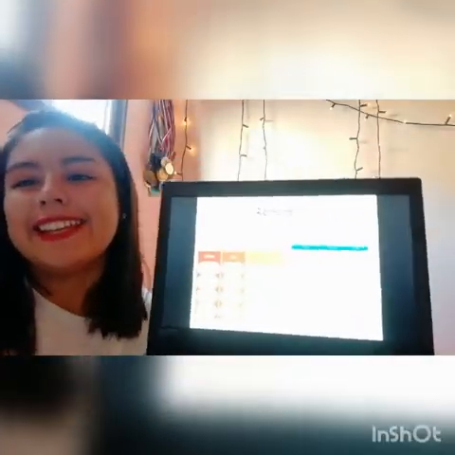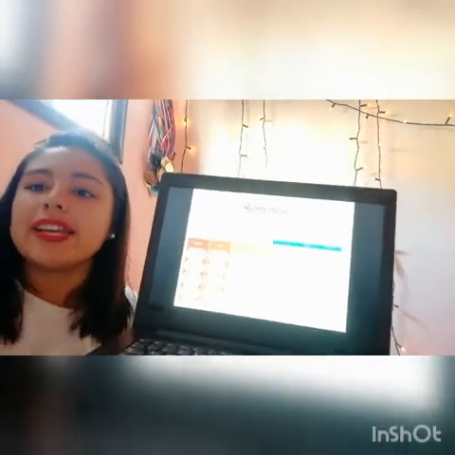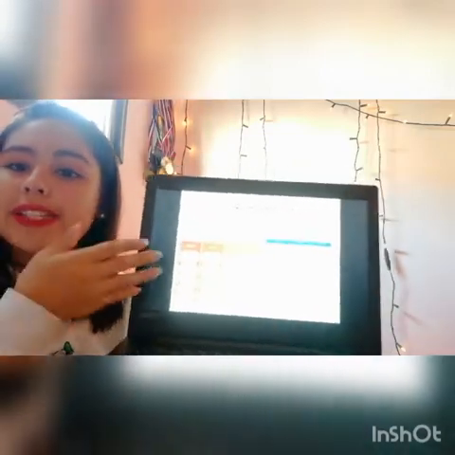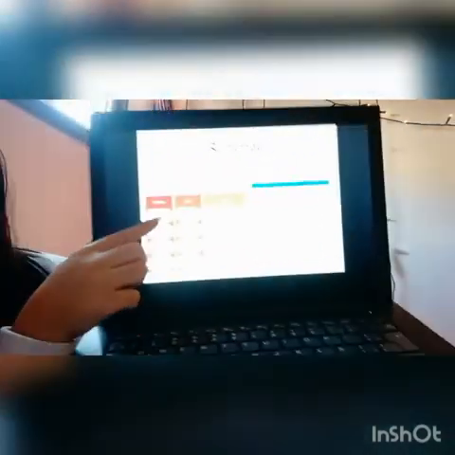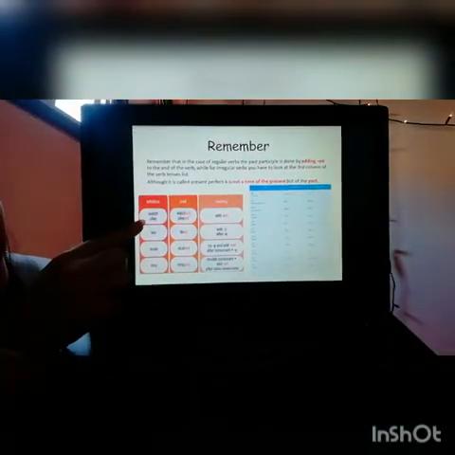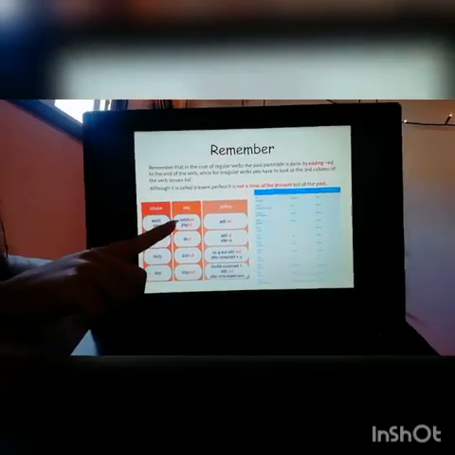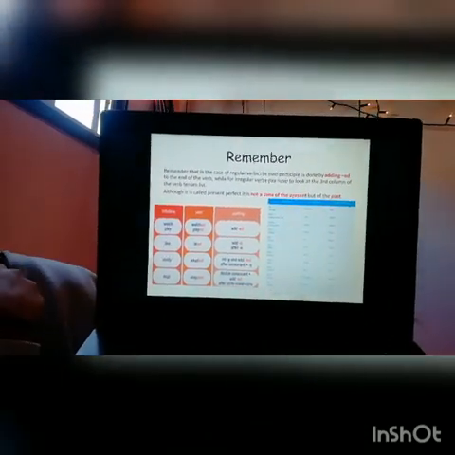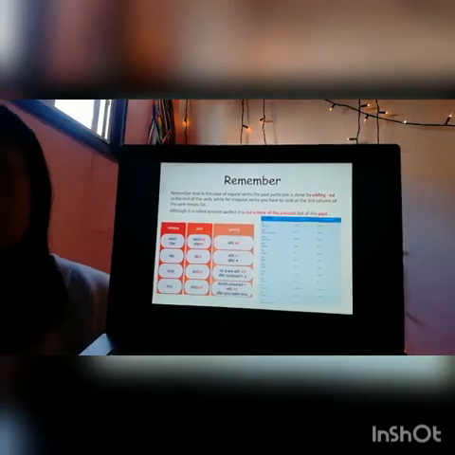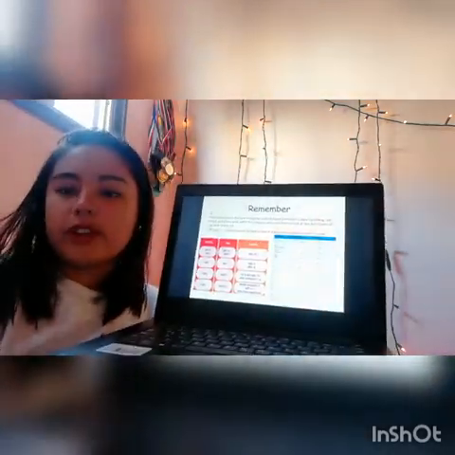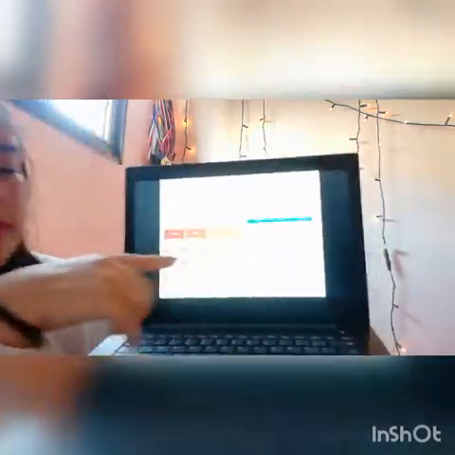Remember that in the case of regular verbs, the past participle is done by adding ed. For example, verb in infinitive, watch and play, we add ed, watched and played. While for irregular verbs, you have to look at the third column of the verb list.